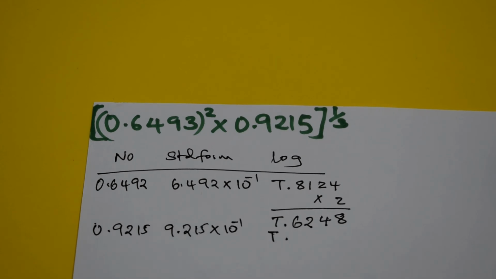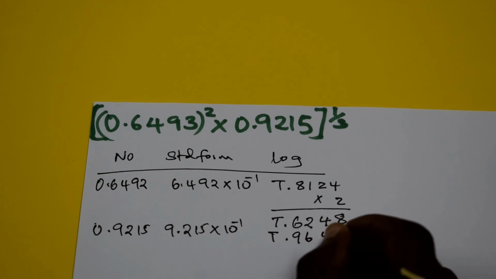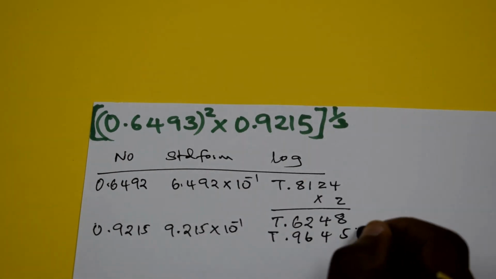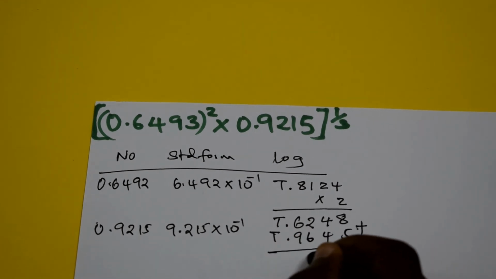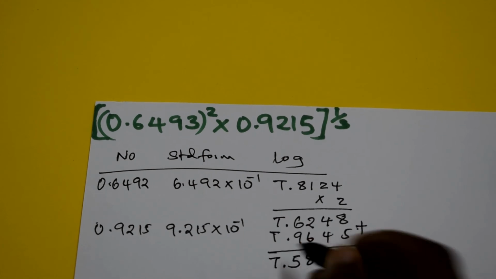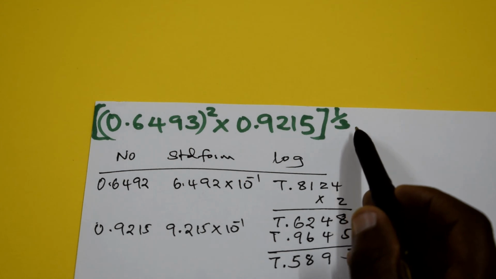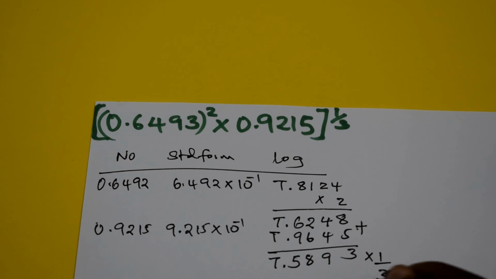The log of 9215 will give us about 1.9645. Then these two numbers are multiplied, so we add, and this will give us 3985, bar 1 point. And we are supposed to raise this one power a third. So power a third is the same as multiplying by 1/3.